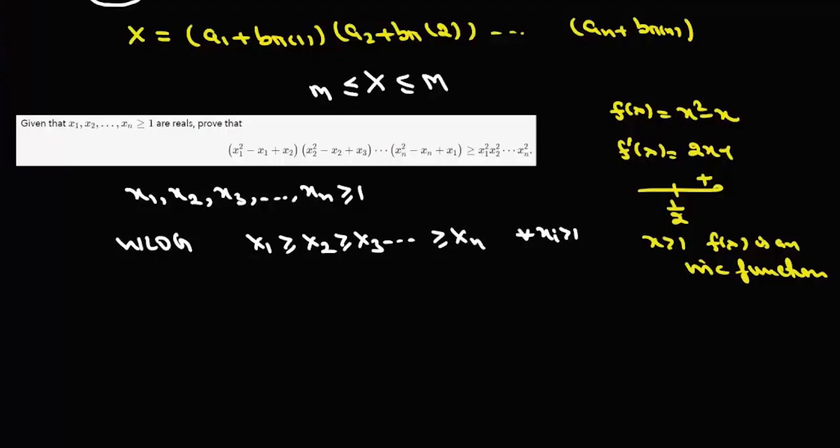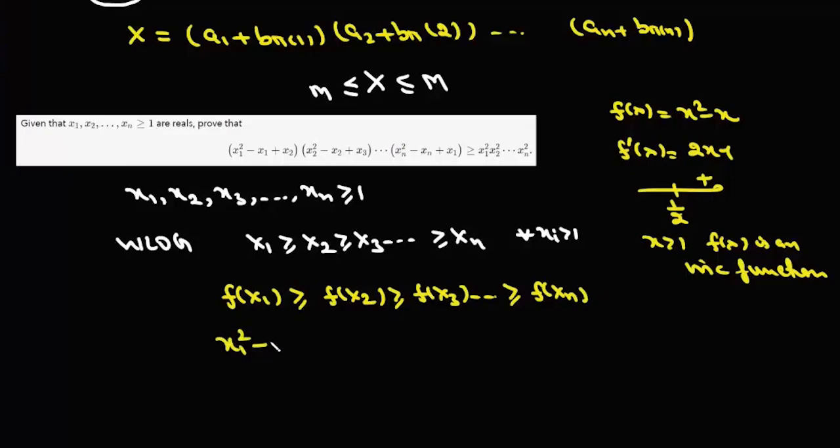So if f(x) is an increasing function, then we can write f(x1) will be greater than or equal to f(x2), greater than or equal to f(x3) and greater than or equal to f(xn). Now here we can write x1 square minus x1 will be greater than or equal to x2 square minus x2 will be greater than or equal to x3 square minus x3 and will be greater than or equal to xn square minus xn.